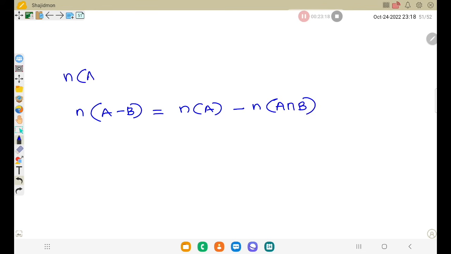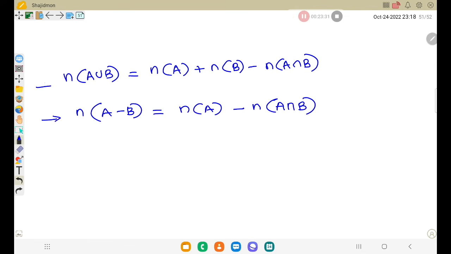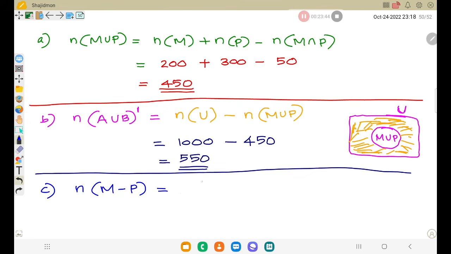One is the number of A union B rule, that is number of A plus number of B minus number of A intersection B. The second rule: number of A minus B equals number of A minus number of A intersection B. Now instead of A we use M, mathematics, and instead of B we use physics. So the rule is number of M minus P equals number of students in M minus number of students in M intersection P.